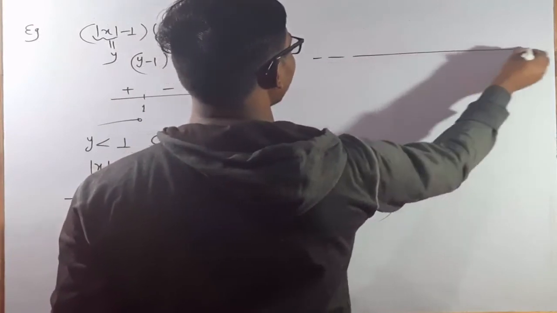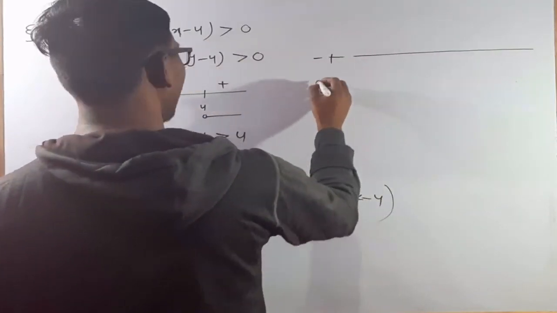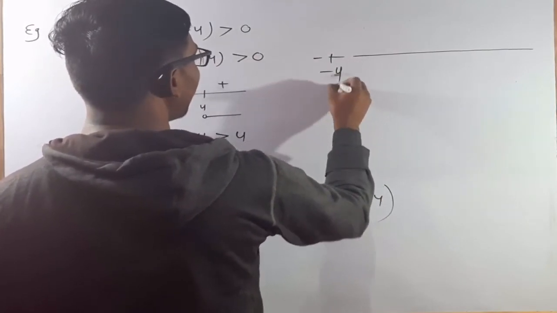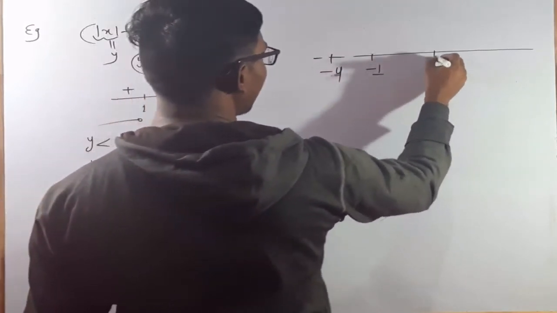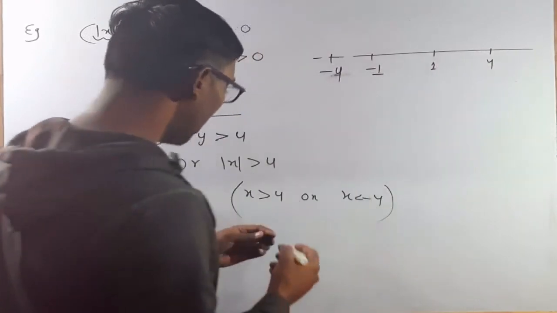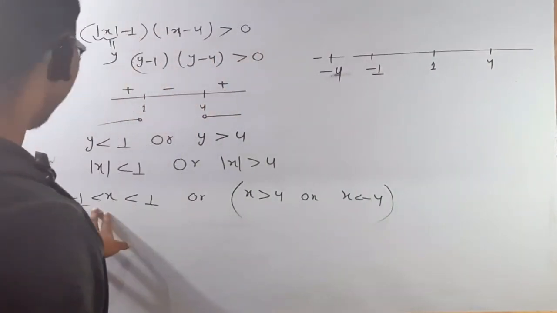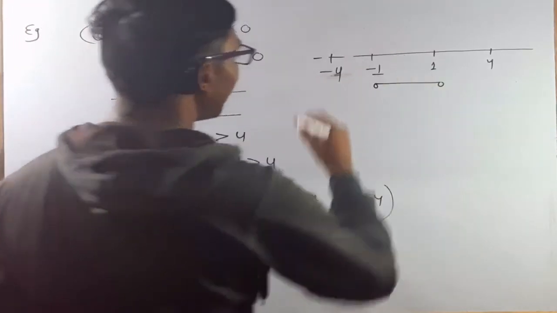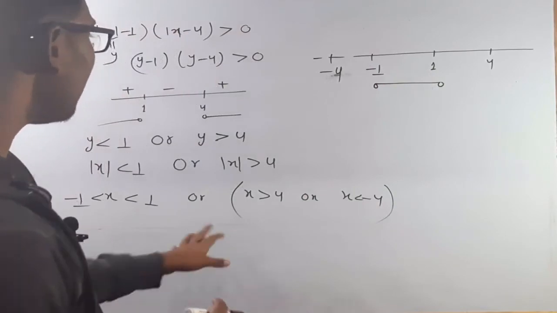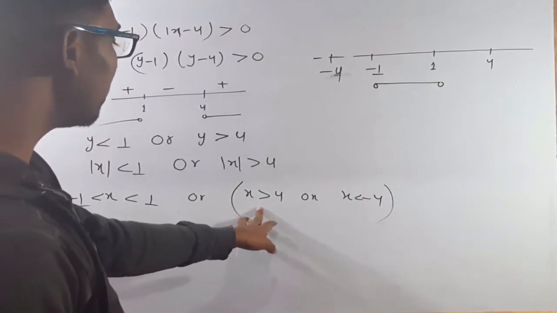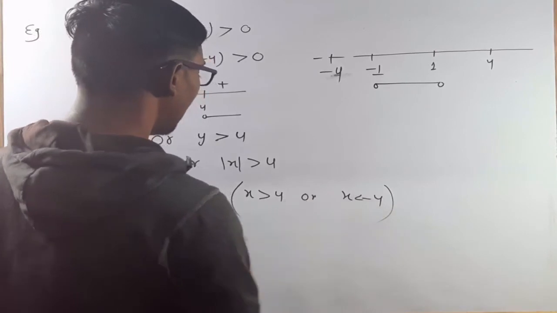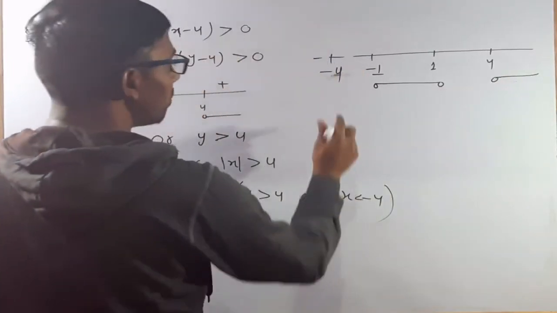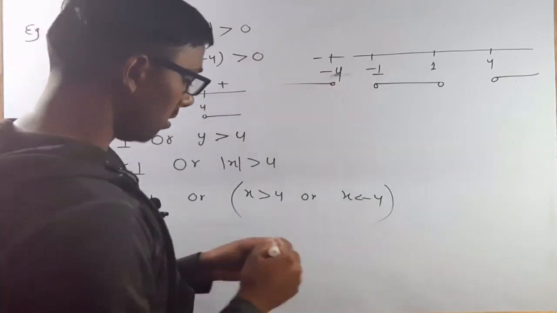So this is the number line. -4 is the least, then -1, this is 1, this is 4. According to this inequality, x should be greater than 4 or x should be less than -4.